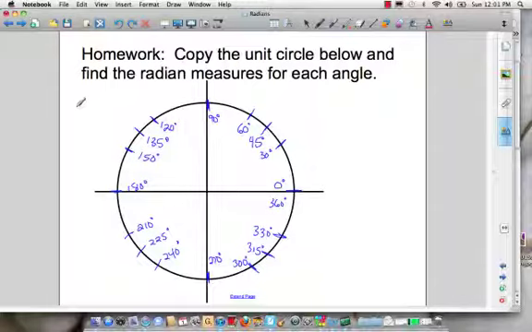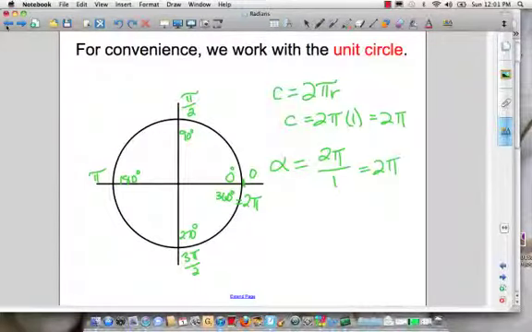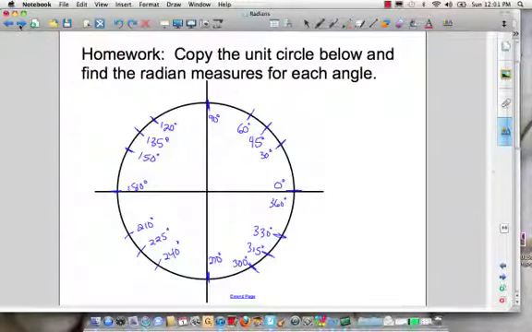If you need help getting started, you can rewind to the previous screen where I've given you 4 of the locations already with degrees and radians. And the key again is to note that all the way around is 2 pi, so you're going to be taking fractions of that. We'll definitely go over this in class next time. It's really important that you become familiar with radian measures.